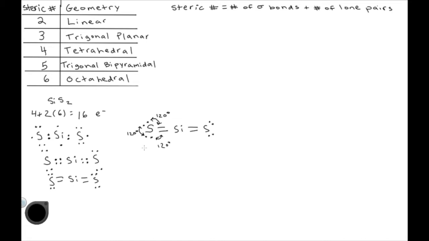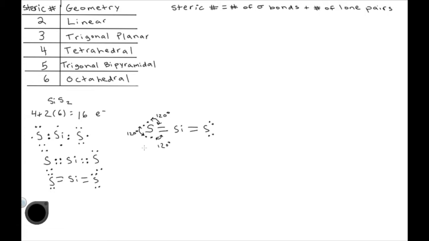So finally, let's determine the molecular geometry. To determine the molecular geometry, we have to look at the steric number of the central atom, which in this case is silicon. Since there are only two double bonds around silicon, it has a steric number of 2, right?